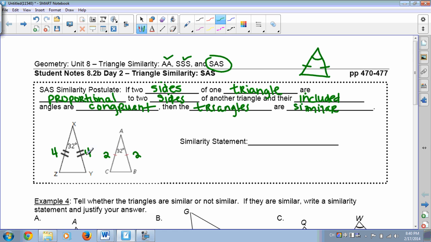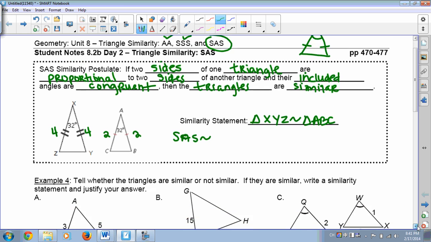So these side lengths are proportional, and their included angle is congruent. They're both 32 degrees. So these triangles are similar by side-angle-side similarity. So we can go ahead and write our similarity statement. Triangle XYZ is similar to triangle ABC.